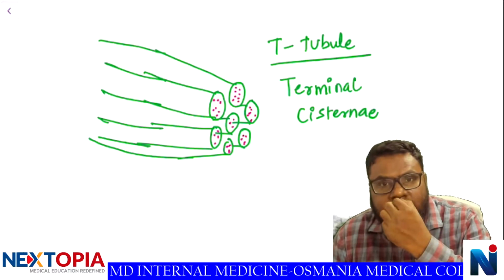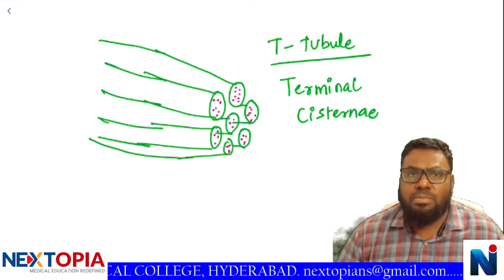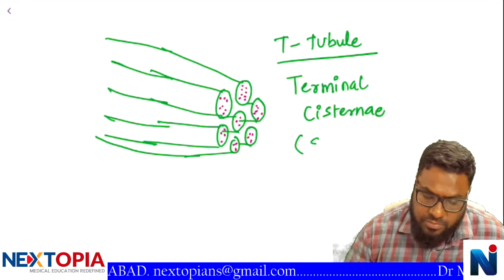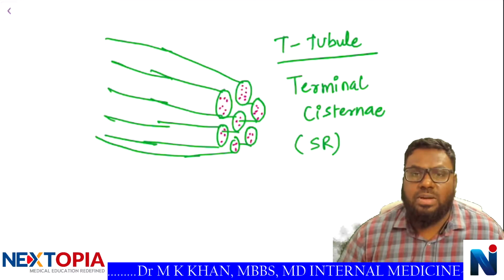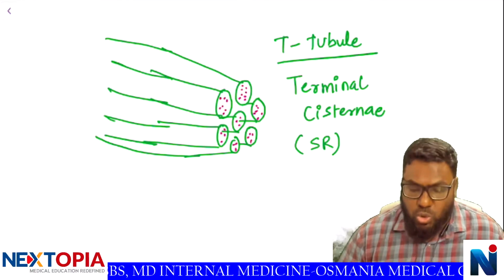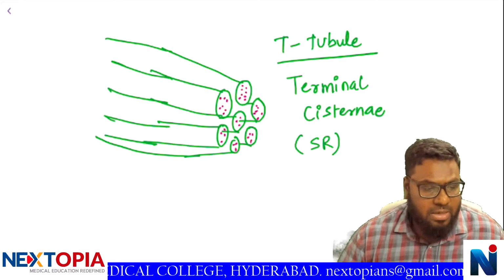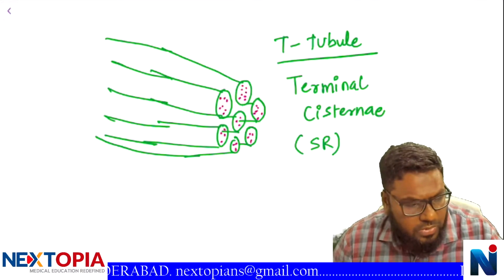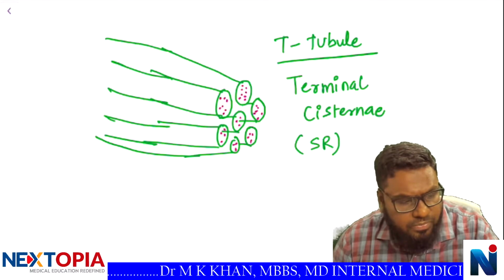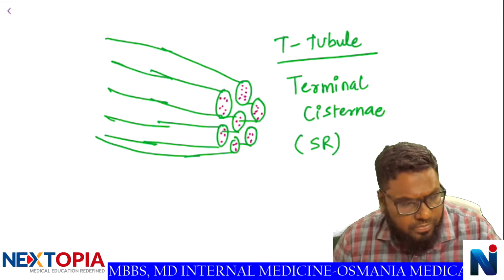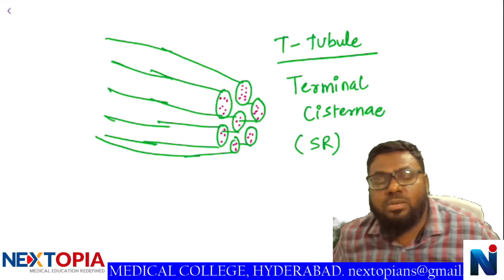Its important function is to store calcium. So in the skeletal muscle, the calcium is stored in the sarcoplasmic reticulum. It's an important cell organelle. The calcium is stored in the terminal cisternae, which is close to the T-tubule system. Right?